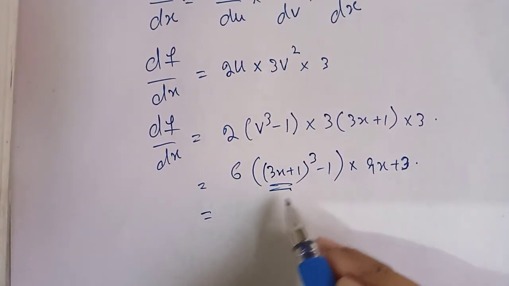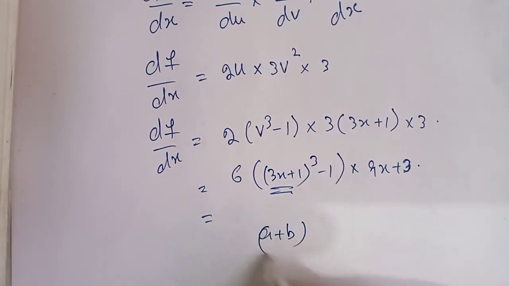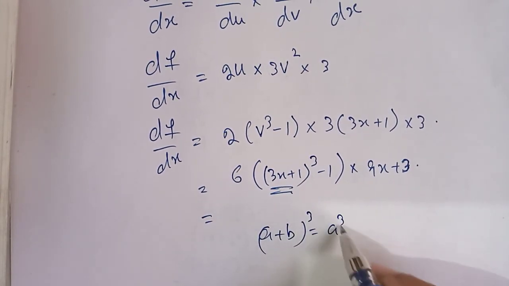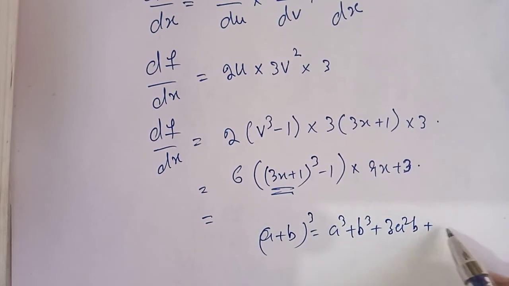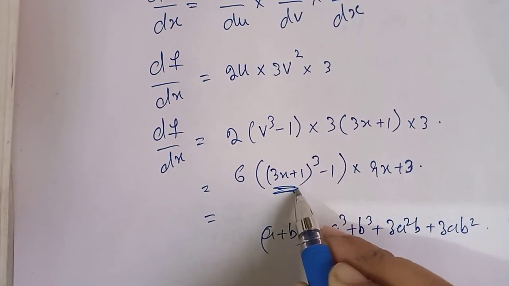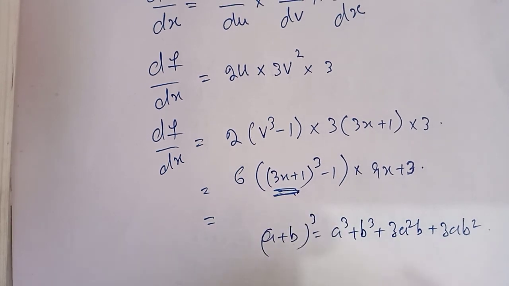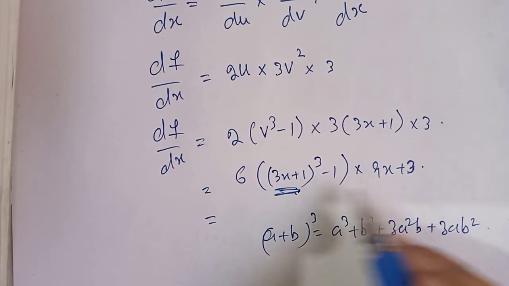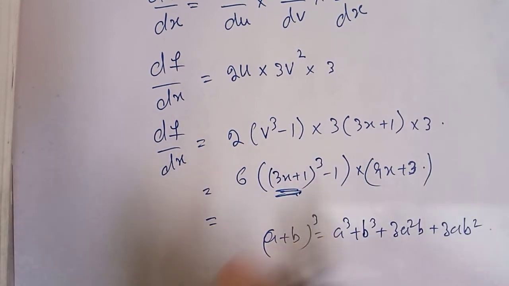Apply the formula a plus b whole cube, which is equal to a cube plus b cube plus 3a square b plus 3ab square, to get the expanded form of this binomial, and then do the other operations to get the required simplified form of the solution.